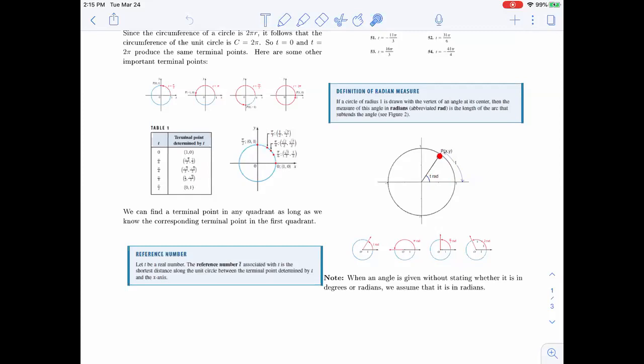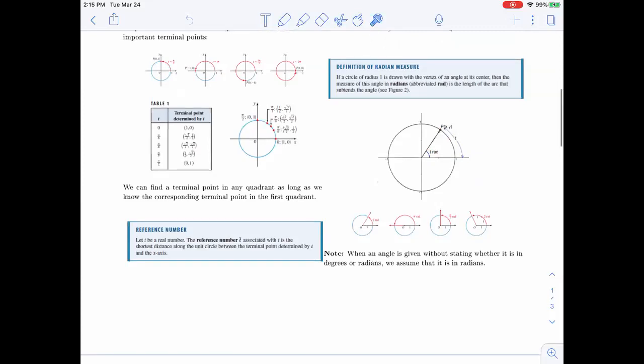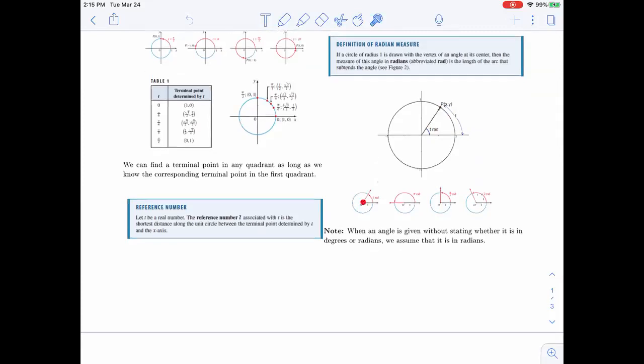Some common cutoff points: 1 radian kind of looks like this, and then we've got pi radians, which is half a circle, and then pi over 2 radians, and then of course 2 pi radians for a full circle, and then 2 radians is kind of more than 90 degrees. Okay.